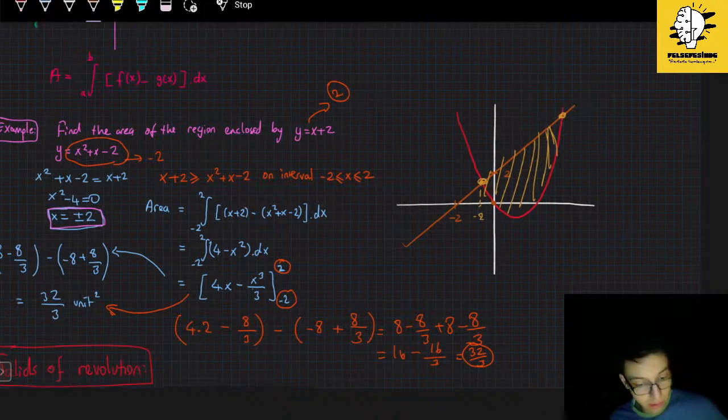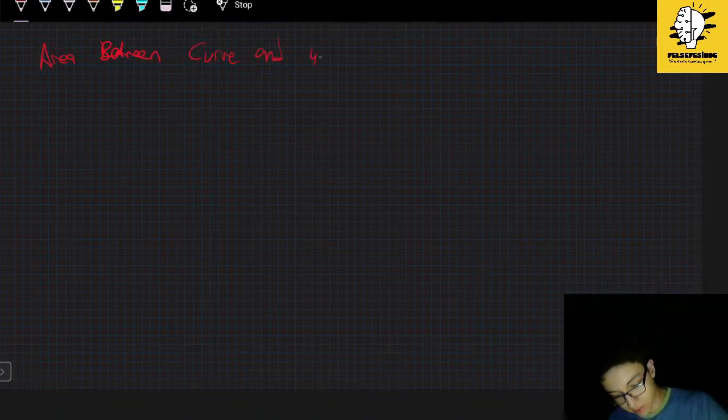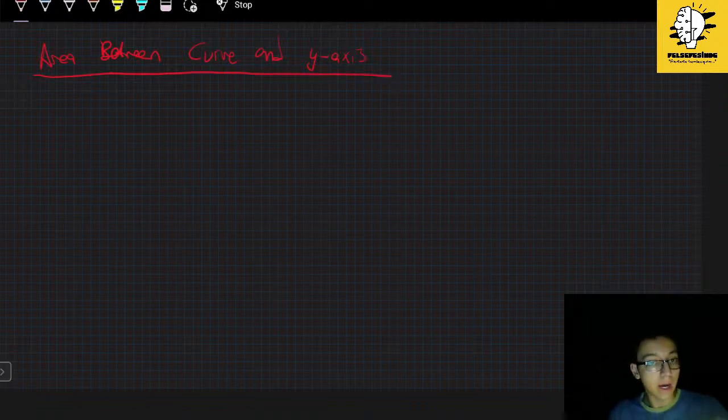Actually, the answer is pretty easy. Now let's say area between curve and y-axis. When we are talking about this area, I will just give you a quick example to show you how we are just reversing the places of x and y.